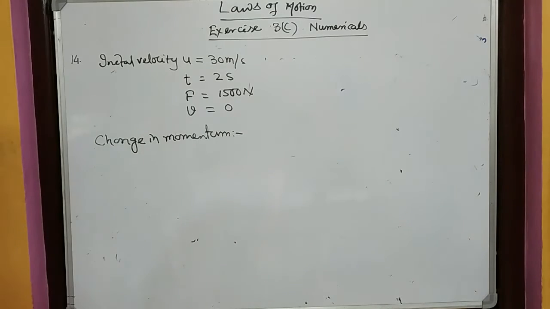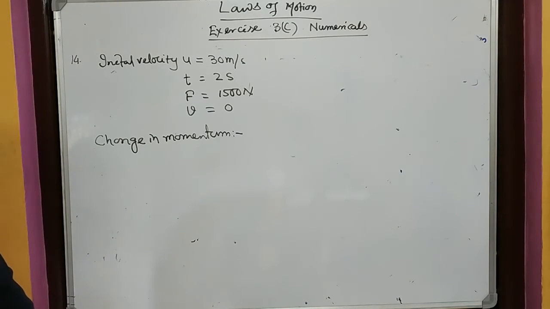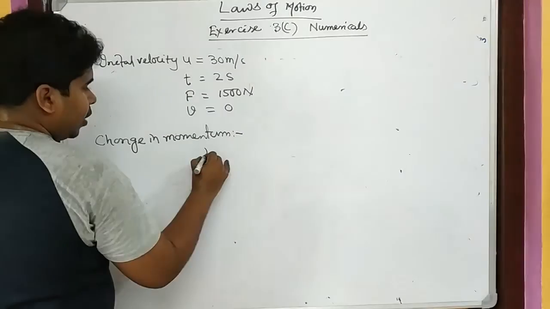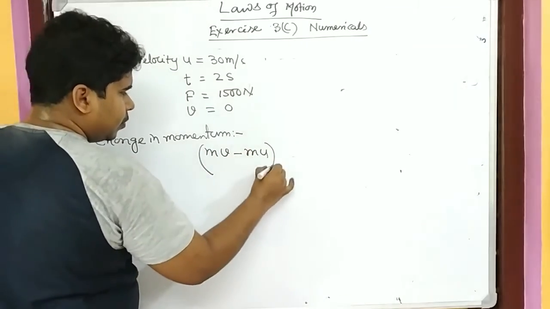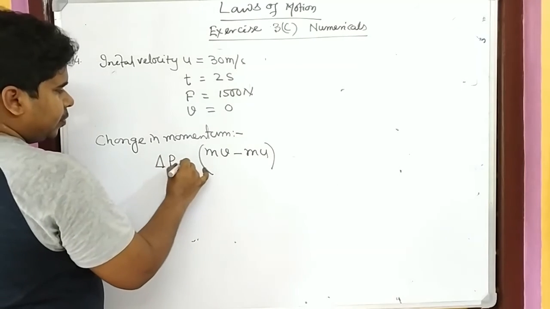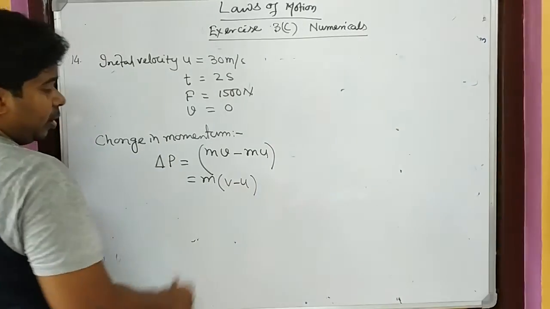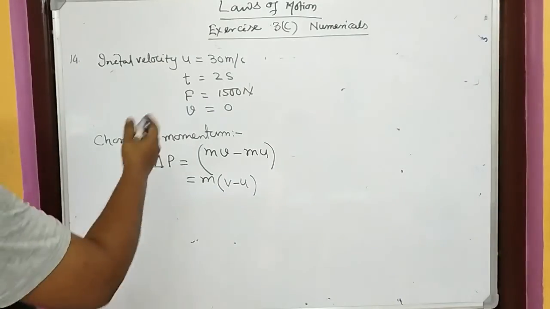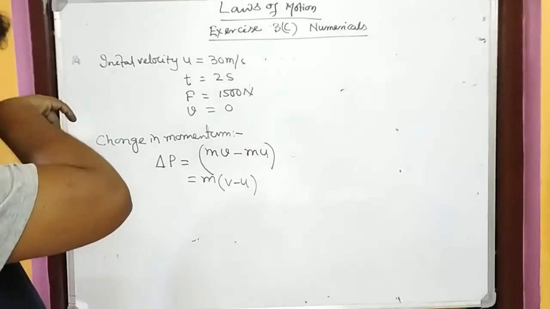Here, as the final momentum is less, it's 0, and the initial momentum is more. So the change in momentum, del p, will be mv minus mu, or we can write m into (v minus u). But here the value of v is less. Whatever, we will not bother about that.